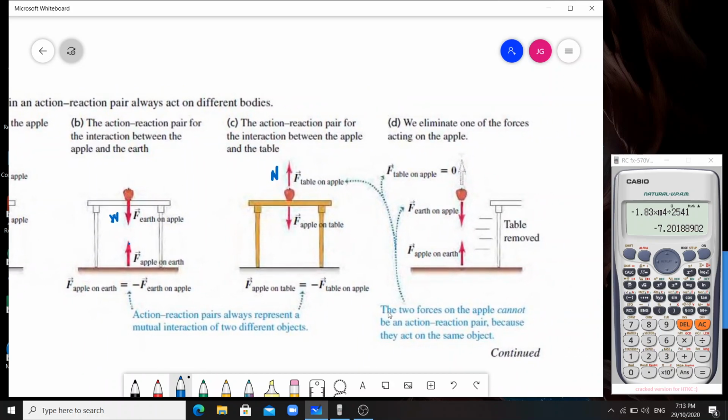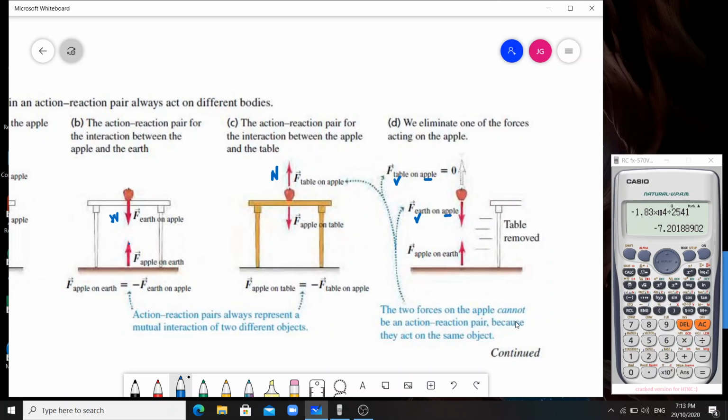Ayan. Sabi niya dito, the two forces on the apple cannot be an action-reaction pair because they act on the same object. So, ito ha, etong table on apple tsaka earth on apple, hindi siya pwedeng action-reaction. Kasi they are exerting forces on the same object.